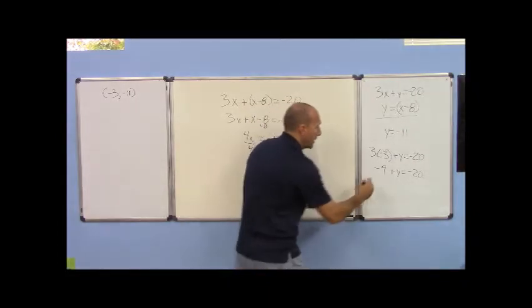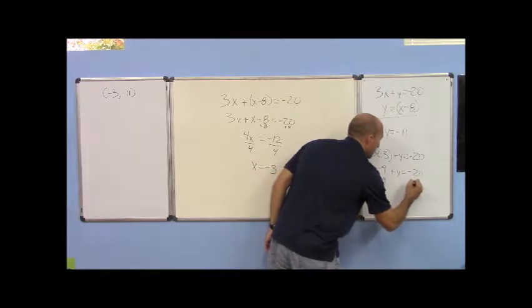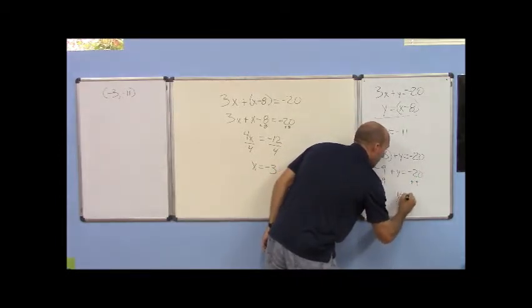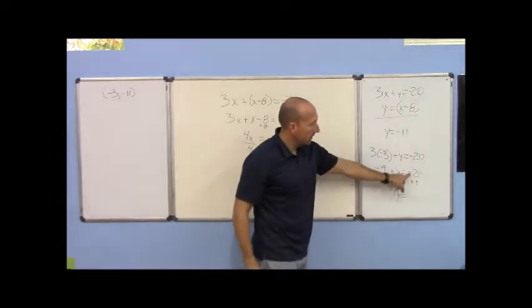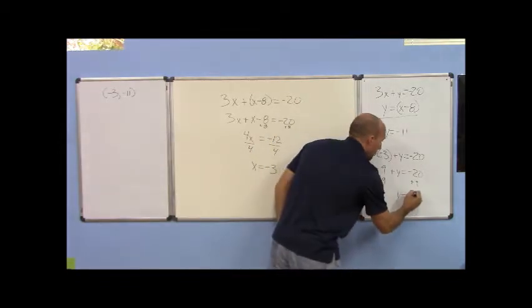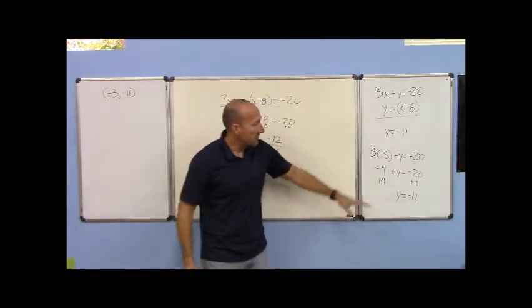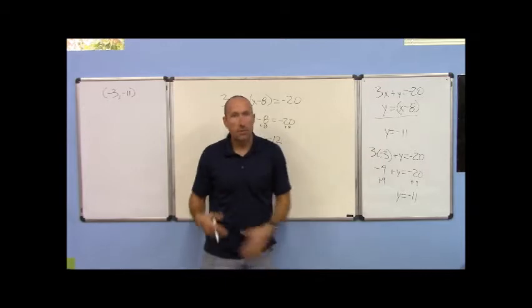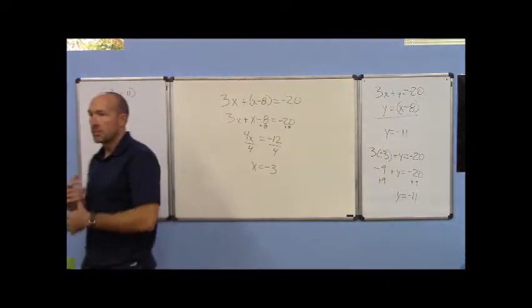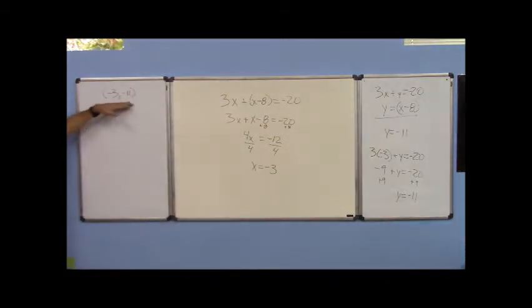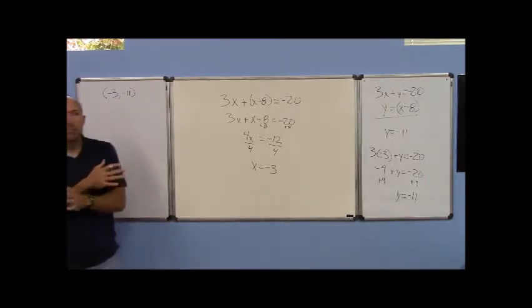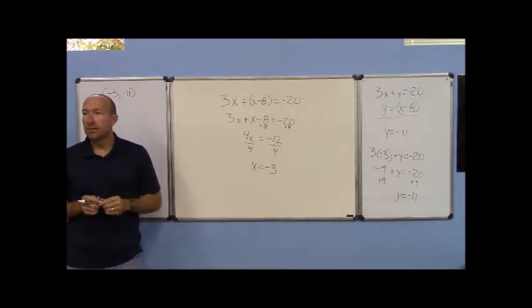We will add 9 to both sides, and find that y equals negative 20 plus 9, which equals negative 11. We have our same values for both, so that's the way we've checked our answer. And this is our coordinate point, the point at which those two equations intersect. Okay, it solves the system.